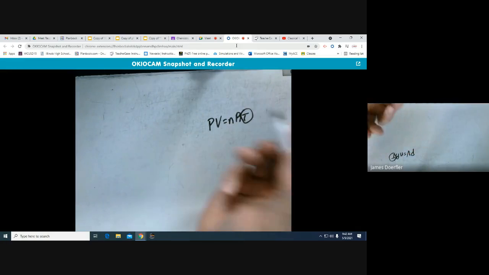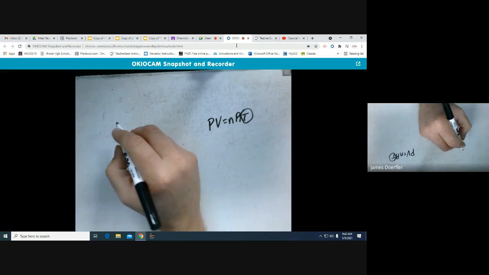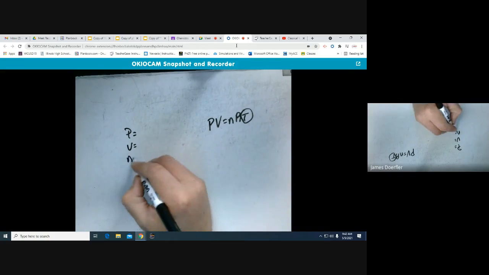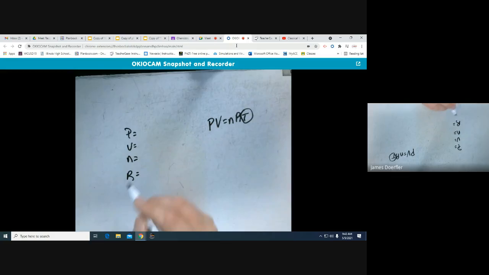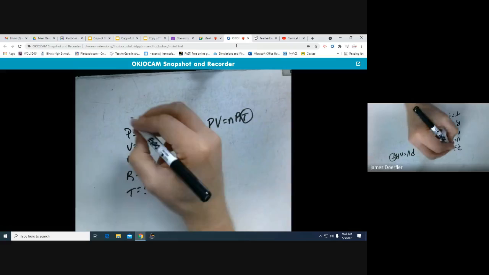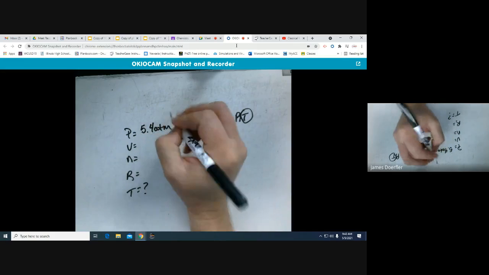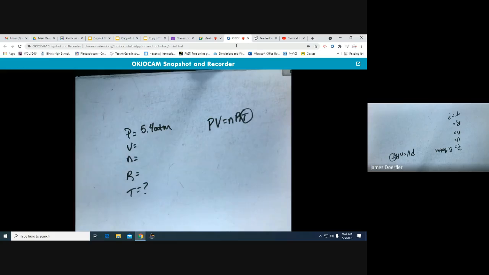All right, so let's again list what we know. We've got pressure, volume, n, R, and T, which we are trying to solve for. What's our pressure in this question? 5.4 atm. Do I need to convert atmospheres to any other unit, or am I good? I'm good.